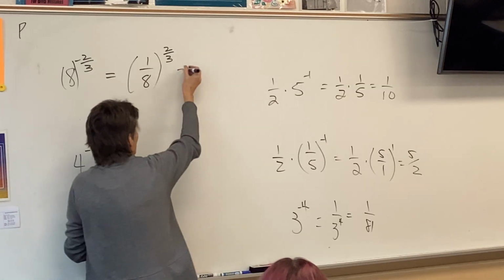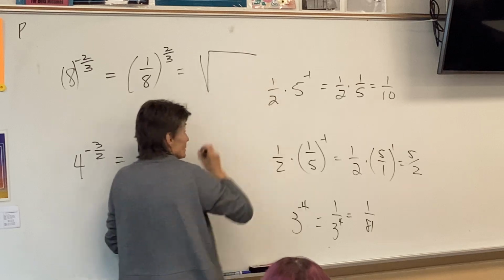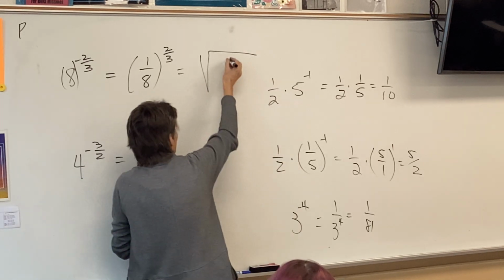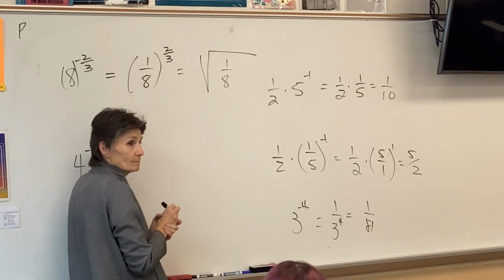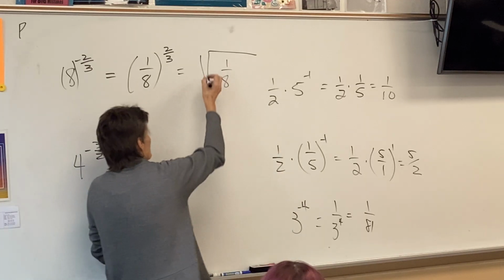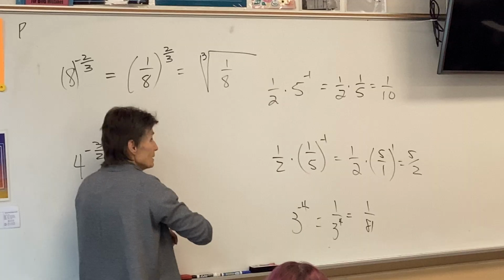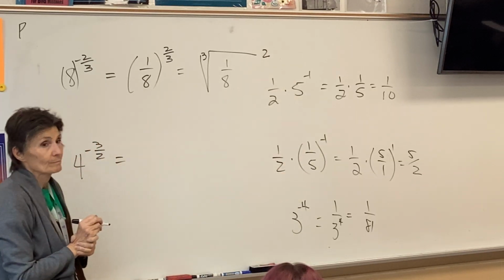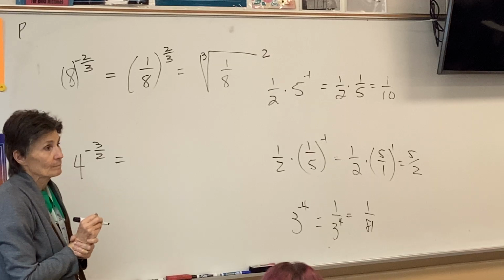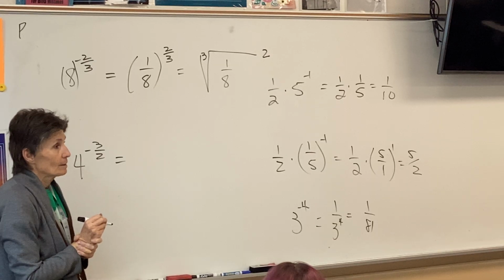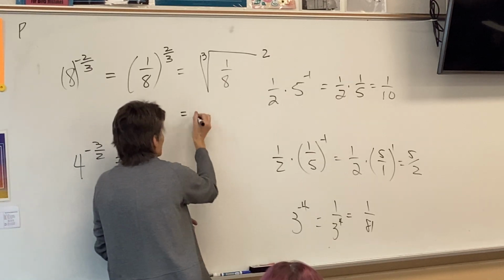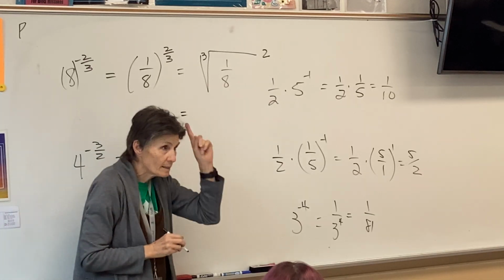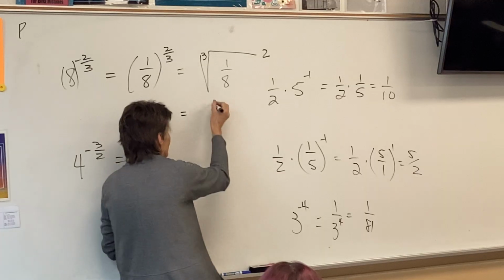Now that the exponent is positive, I have a fractional exponent, which means I have a radical. Under the radical is 1/8. I am cube rooting and then squaring, what we did before. The cube root of 1 is 1.